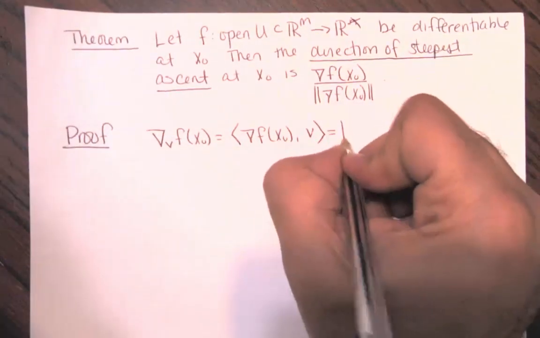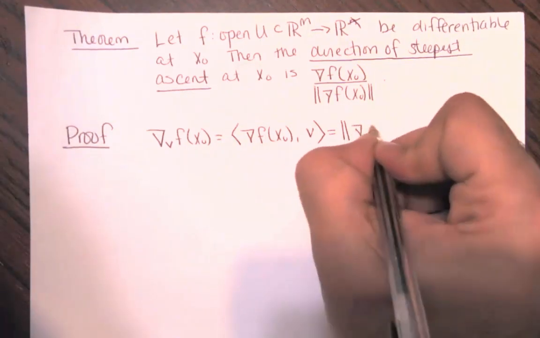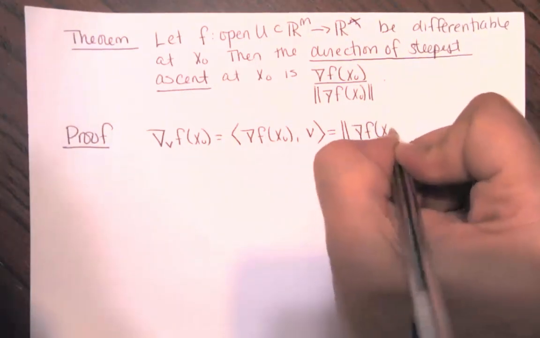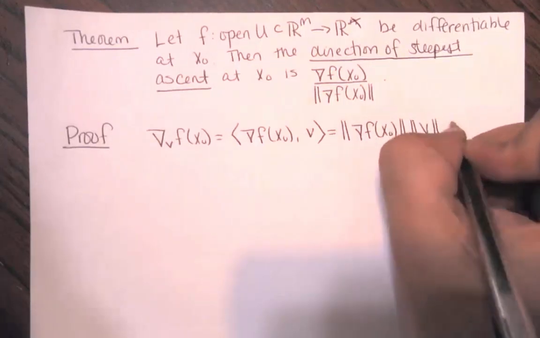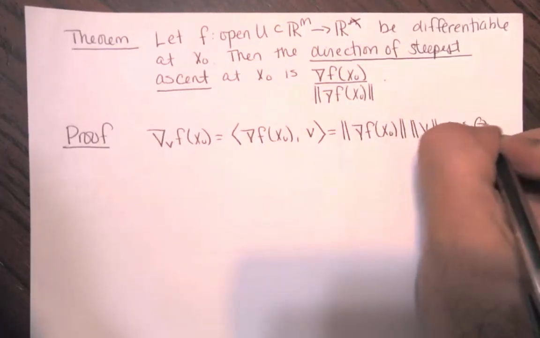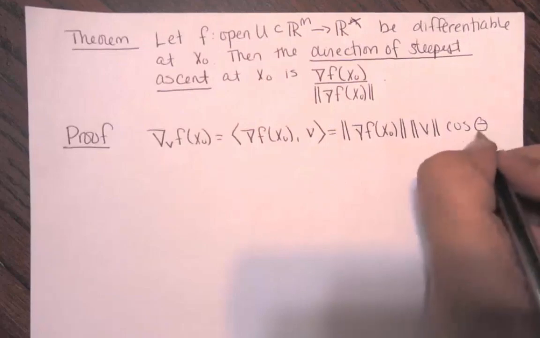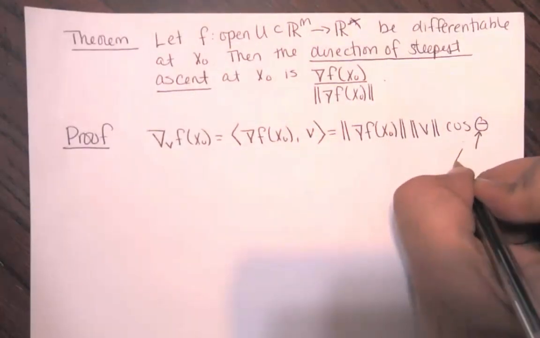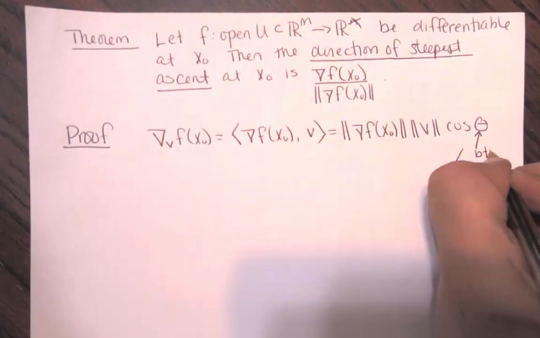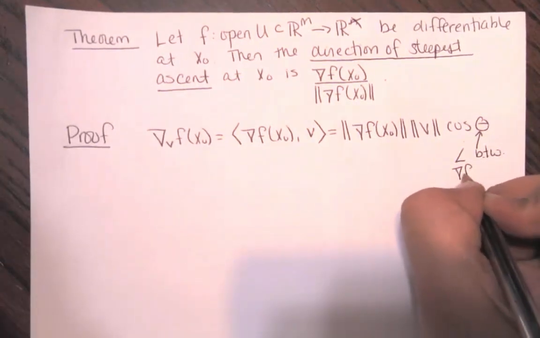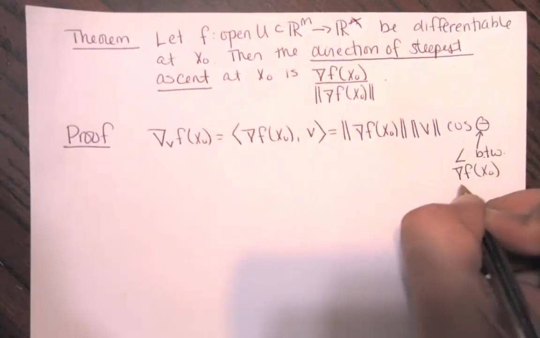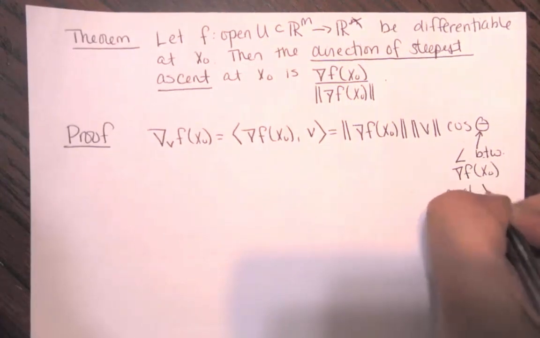which is equal to the norms of each times the cosine of the angle between them. So theta here is the angle between the gradient and v.